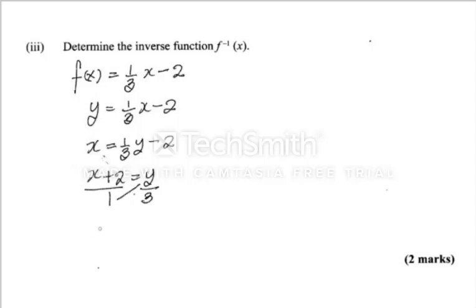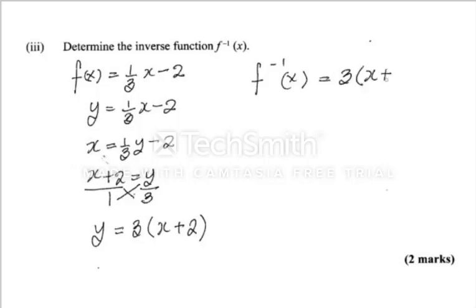So 1 times y is equal to 3 times x plus 2. So this is step 3, to make y the subject. Step 4 is to write in function notation. So we're going to take out y and say f inverse of x is equal to 3 into x plus 2.